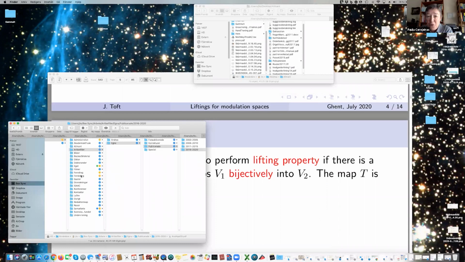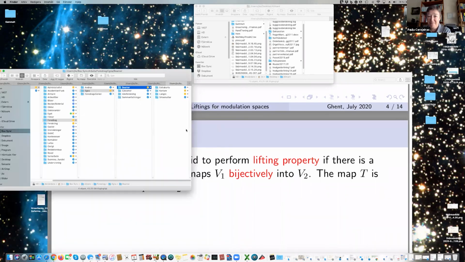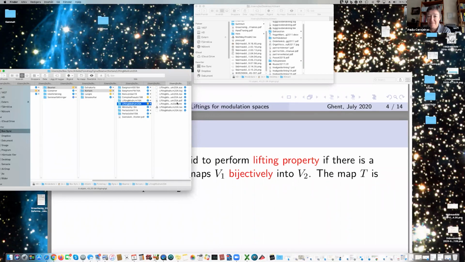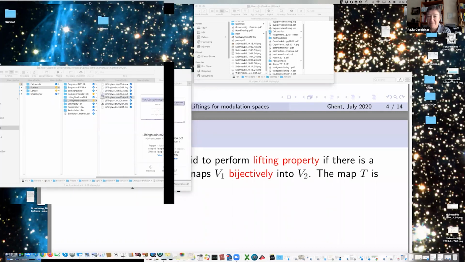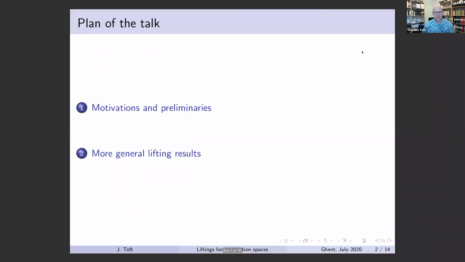If you can try Acrobat Reader. Can you see it better now? For me it's good.